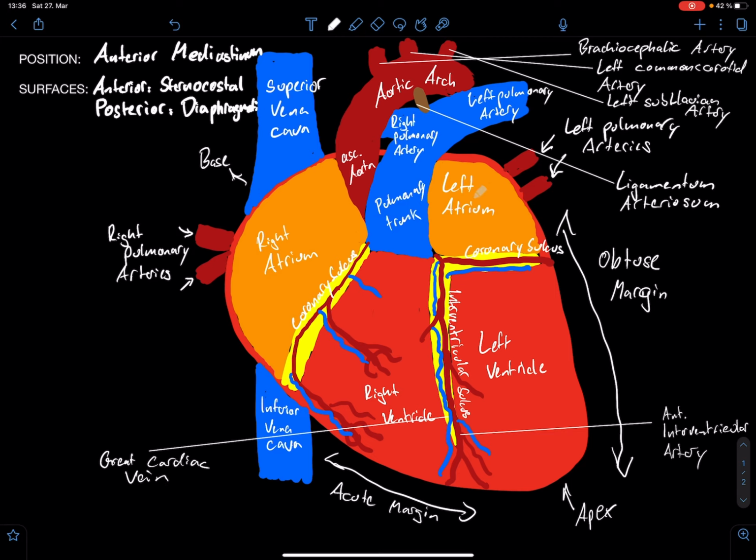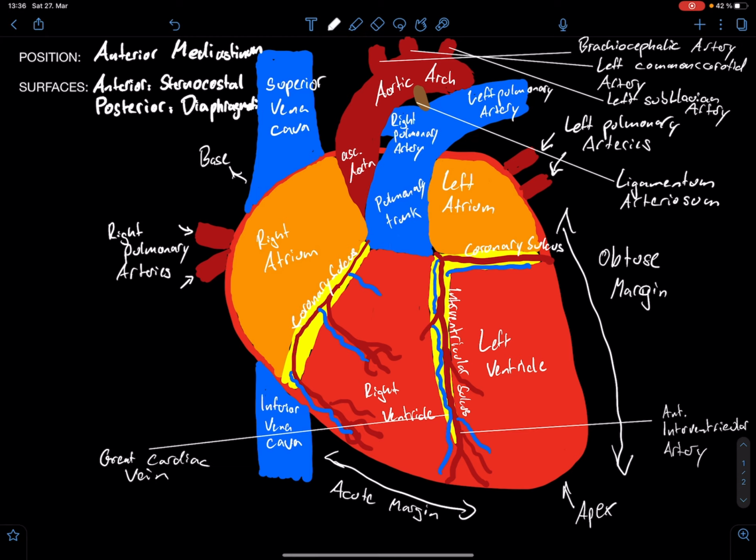Moving back, but staying in the sulci, we'll focus on the right coronary sulcus first. Also here the arteries. The big artery running in the right coronary sulcus is the right coronary artery.